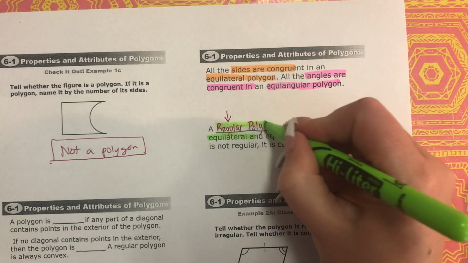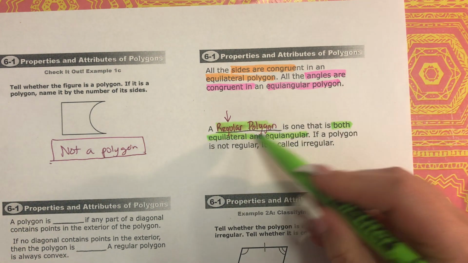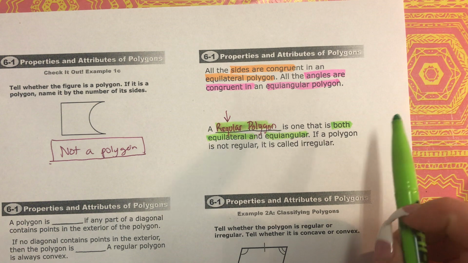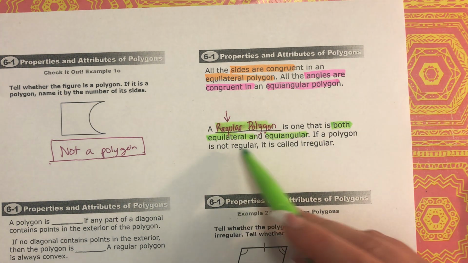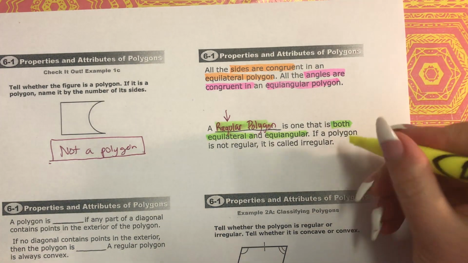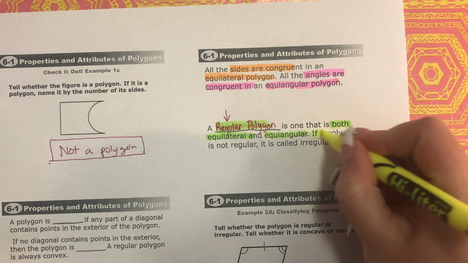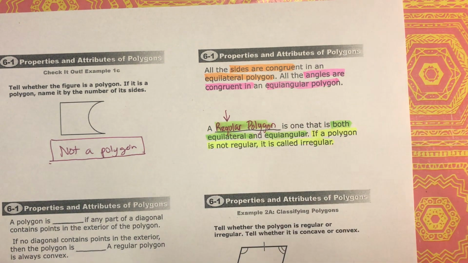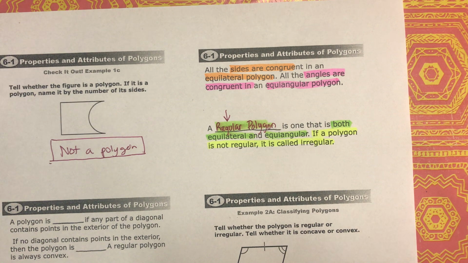So a regular polygon has all the same sides and all the same angles. If a polygon is not regular, it's called irregular. This is that classification.